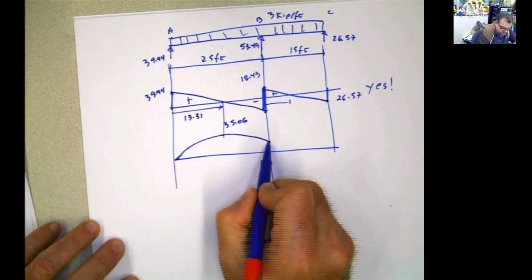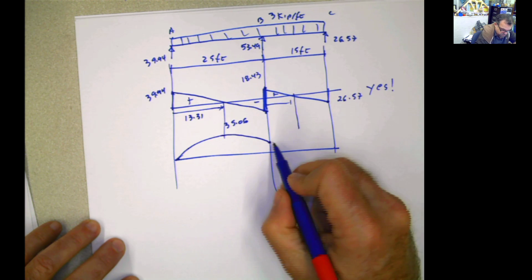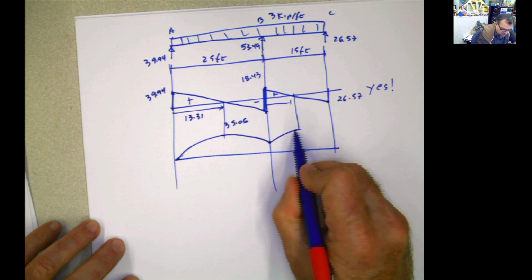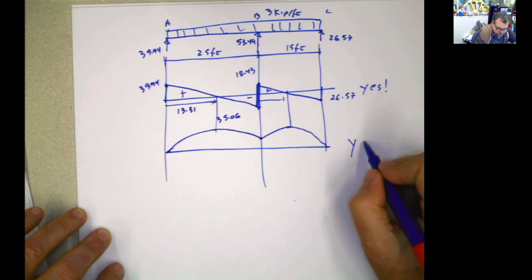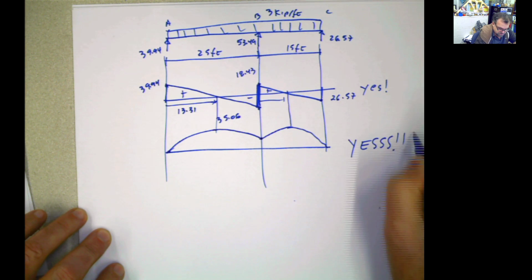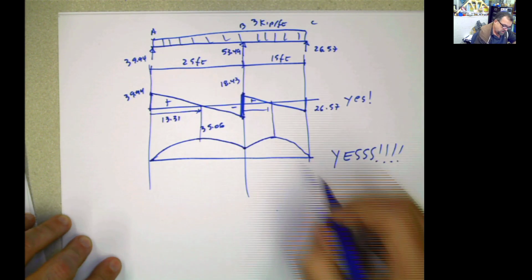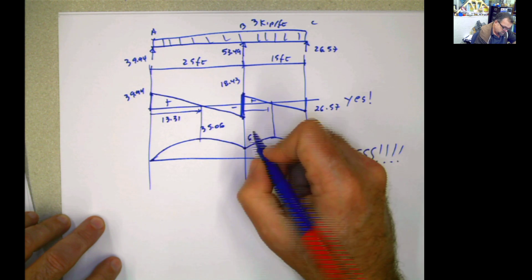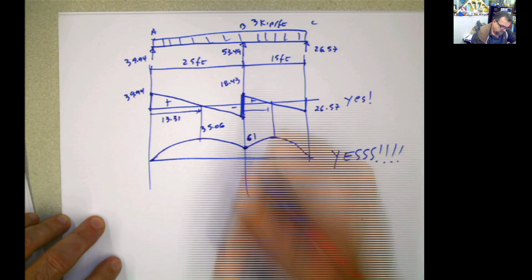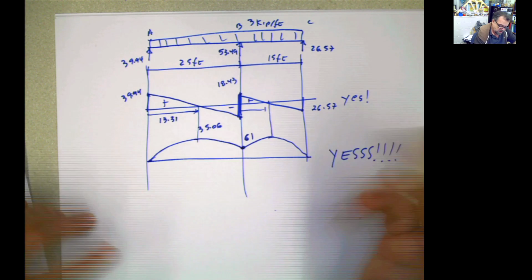So the moment diagram is going to be something like this, up to this point and coming up to here, and this should go up and close at 0. This value is 61 here where the moment is, and now we can fill the blanks.